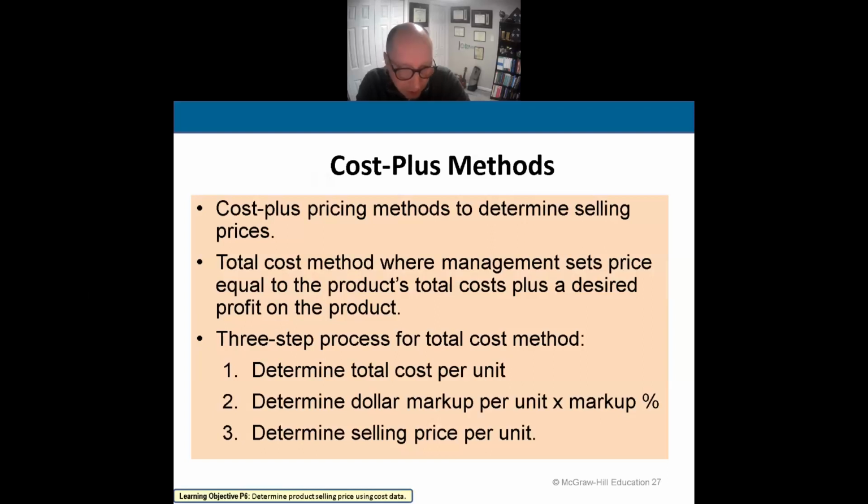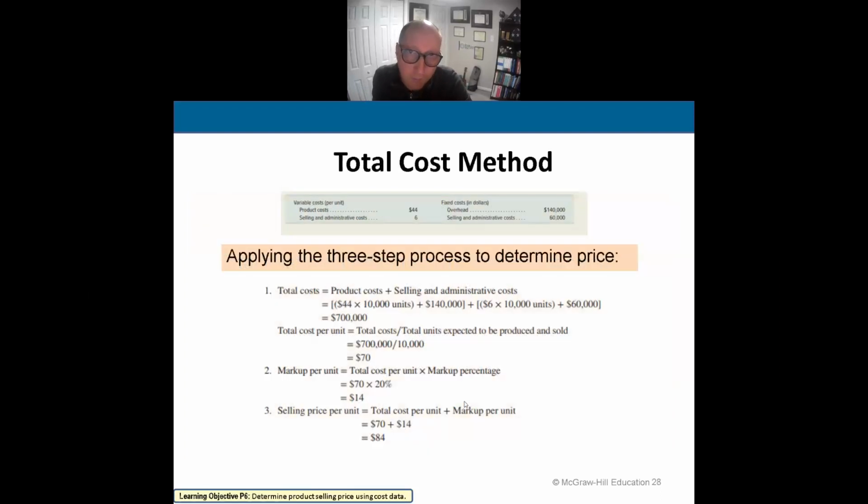First is the cost per unit: direct materials plus direct labor plus factory overhead per unit to get the total cost per unit. Then I determine the markup per unit, the markup percentage. That's the percentage of profit that I want for each product. Then once I've done step 2, that helps me to determine the sales price per unit.